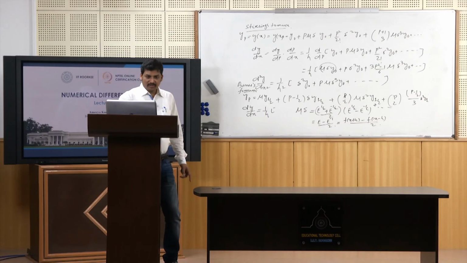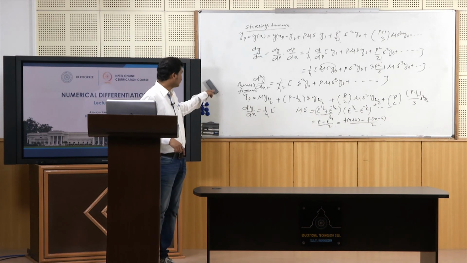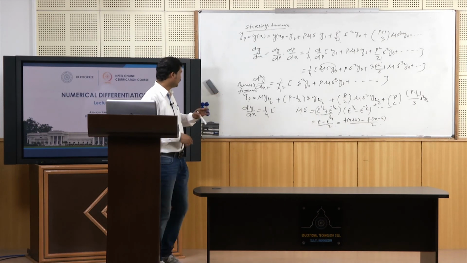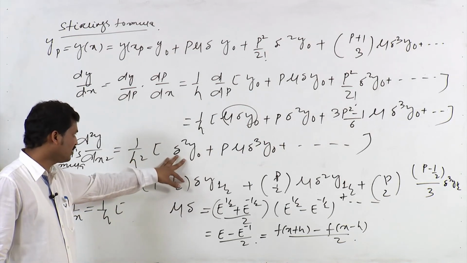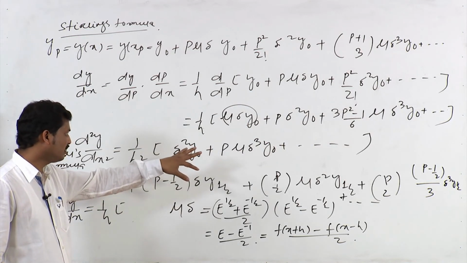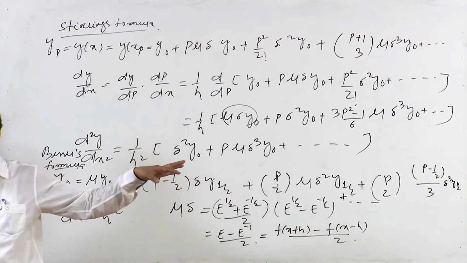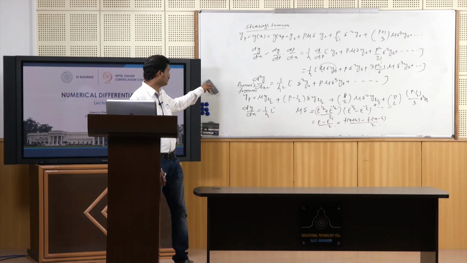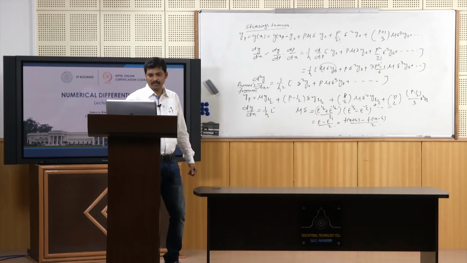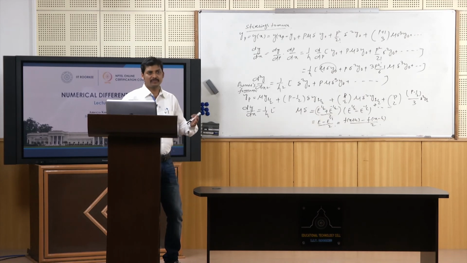For the second order formula, y double dash of x is given as 1 by h square, delta square of y 0 plus p mu delta q of y 0 plus all other terms. Similarly h is 0.5, so we consider 1 by 0.5 square, and delta square of y 0 is nothing but the second order difference from this forward difference table.